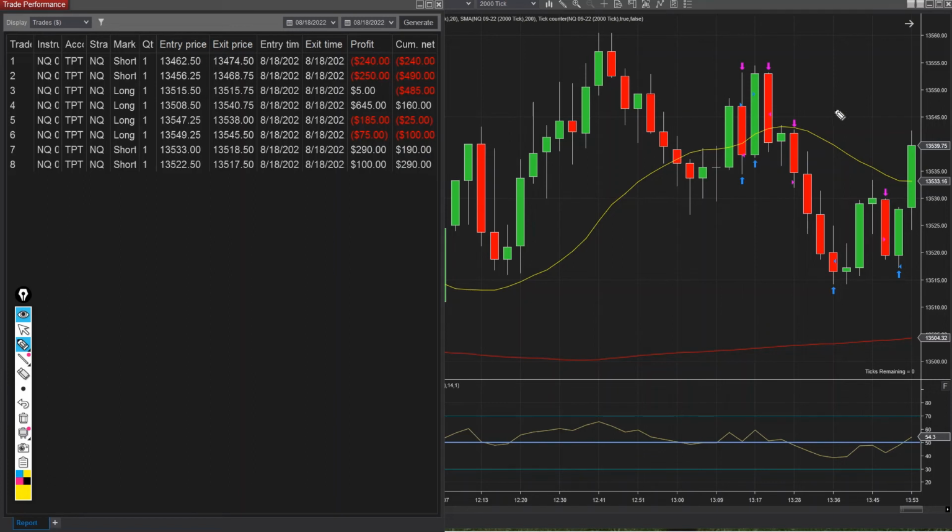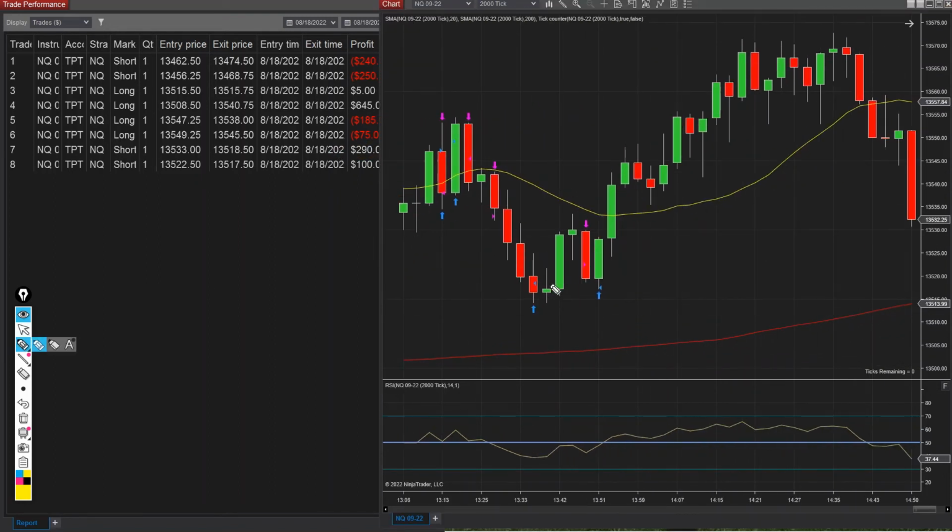And so we got short here. This is a late entry. It should have been around somewhere up in here, but as long as you can protect yourself above this bar the best you can, then it's a good trade. So I got short here, I got out there, and that netted me 290.